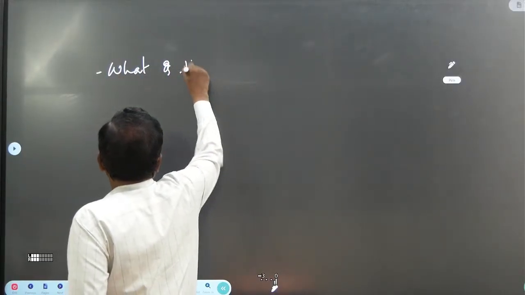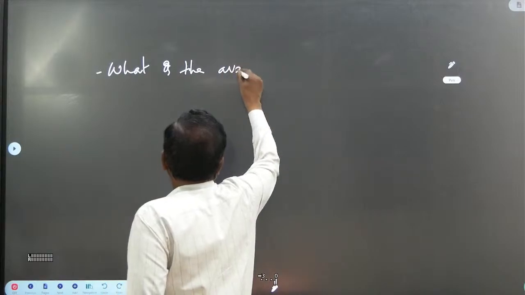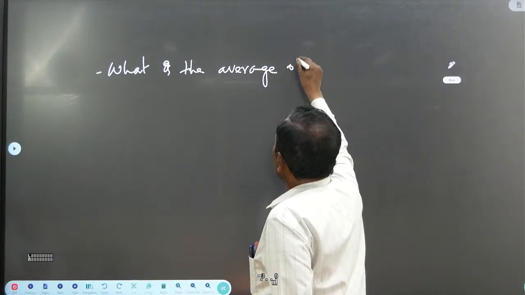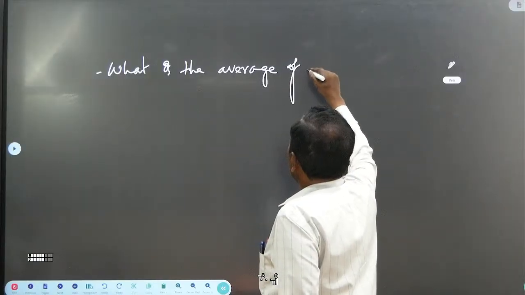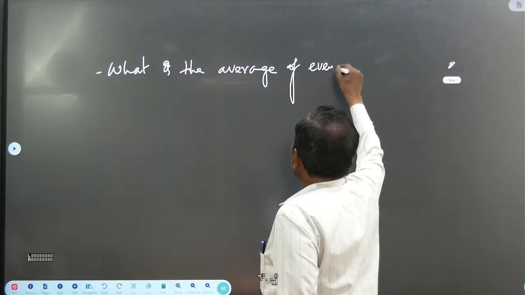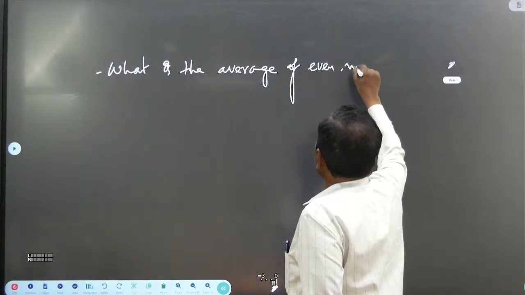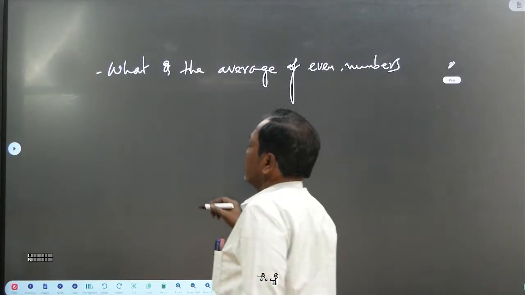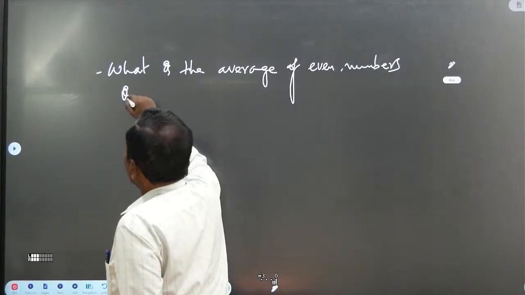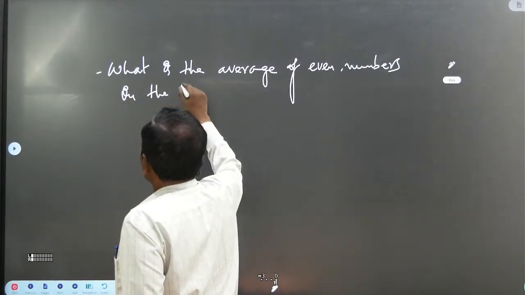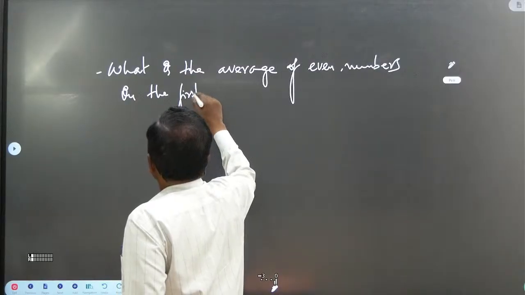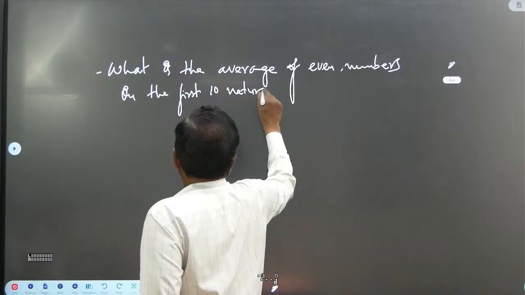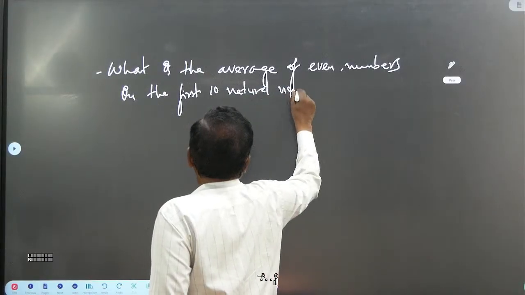What is the average of even numbers? What is the average of even numbers in the first 10 natural numbers?